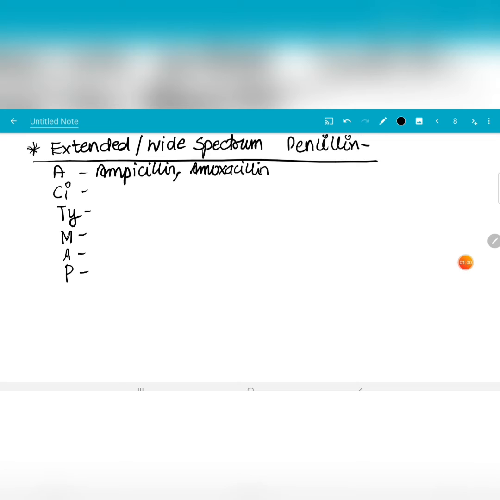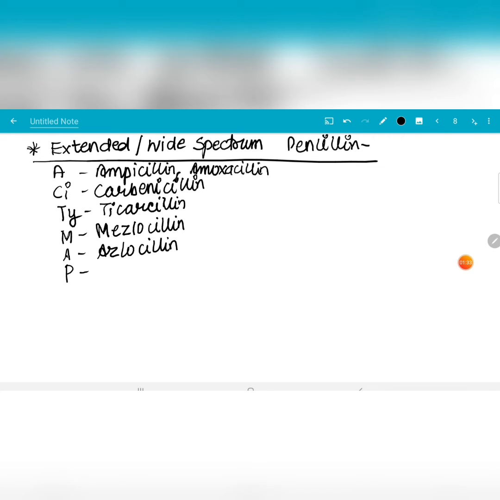C means carbenicillin. T means ticarcillin. M means mezlocillin. A means azlocillin. And P means piperacillin.